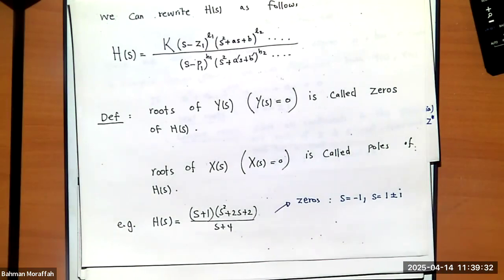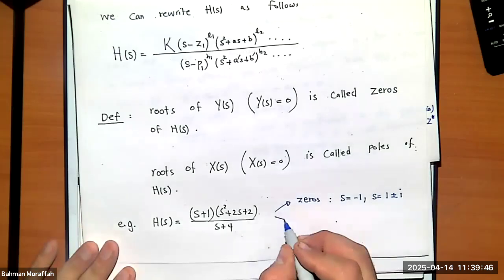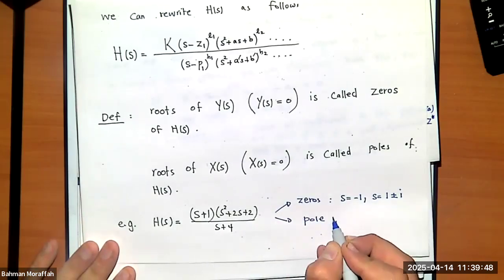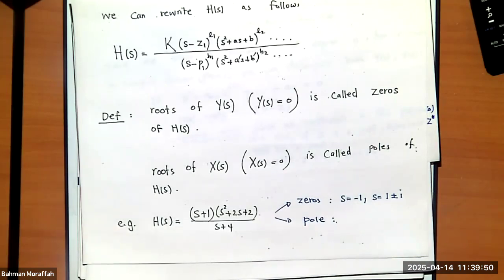Remember, if I have a root that's complex, I know that the complex conjugate of that root is a root as well, which is exactly the case here: negative 1 plus i is a root, negative 1 minus i must be a root. What is the pole? The pole is the root of the denominator, so it's negative 4.